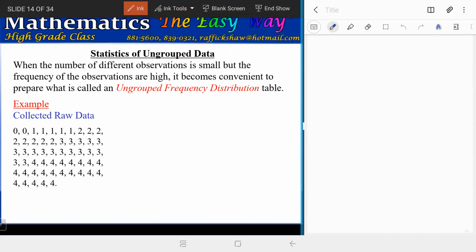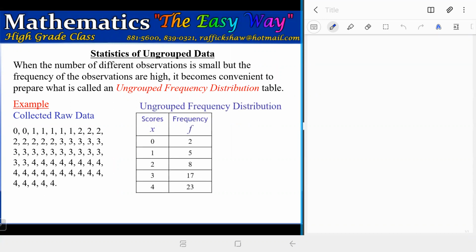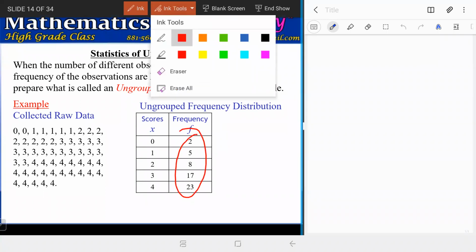You don't need to group the values. You can list them individually, so the data is ungrouped.